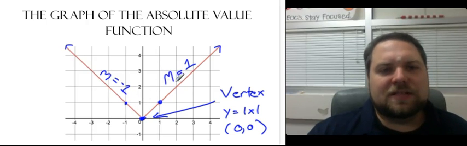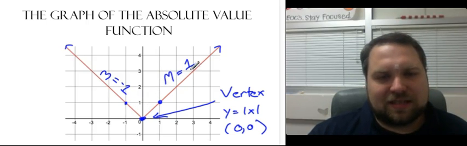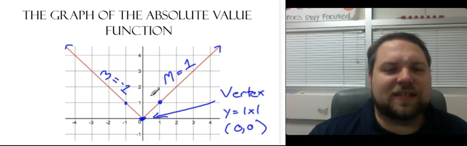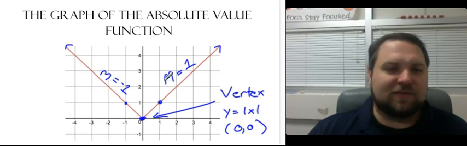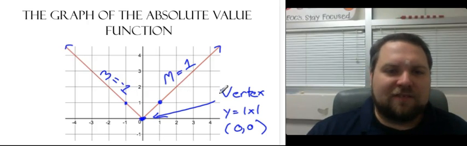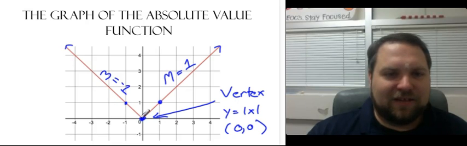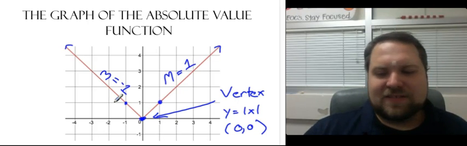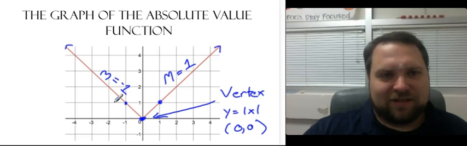And something you'll notice about these absolute value functions is that the number of the slope will be the same on either side. It's just one will be positive and one will be negative. So we have the vertex, and we have these two arms coming out in a V. They do meet at a point. The right side has a slope of 1, and the left side has a slope of negative 1.